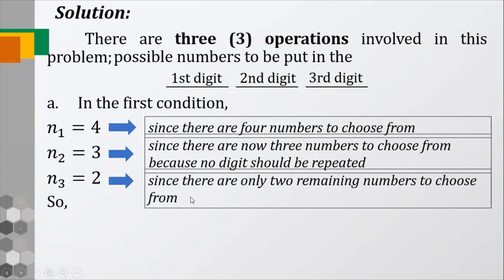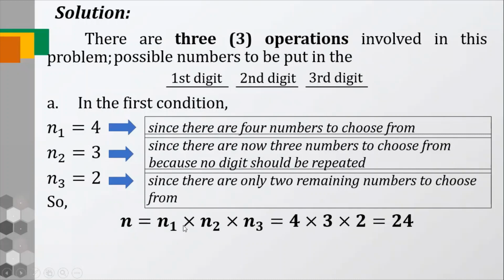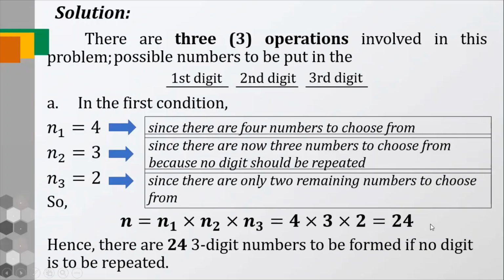Therefore, using FPC, we have n sub 1 times n sub 2 times n sub 3, so 4 times 3 times 2 is equal to 24. Hence, there are 24 3-digit numbers to be formed if no digit is to be repeated.